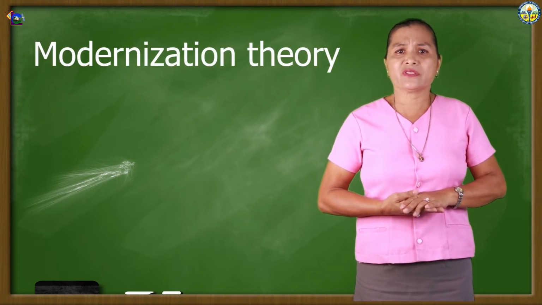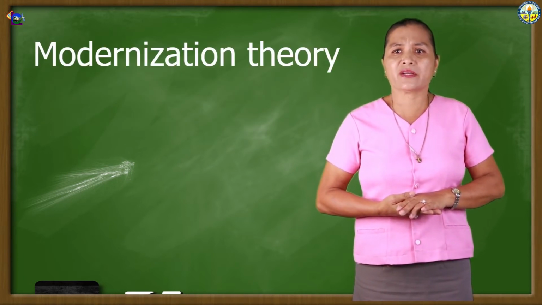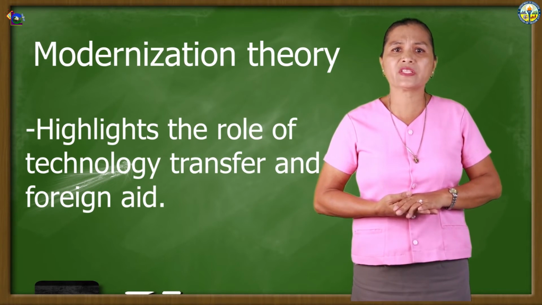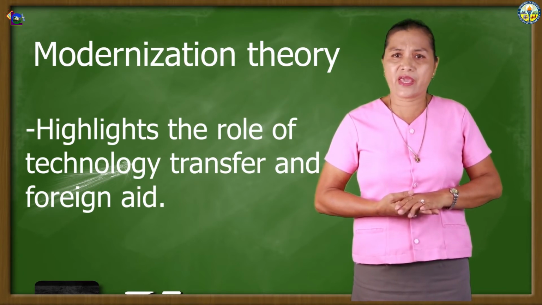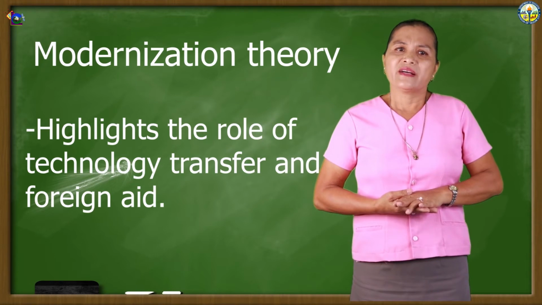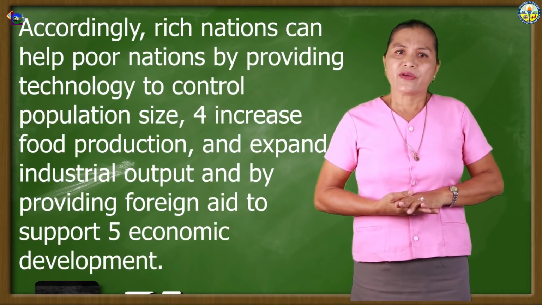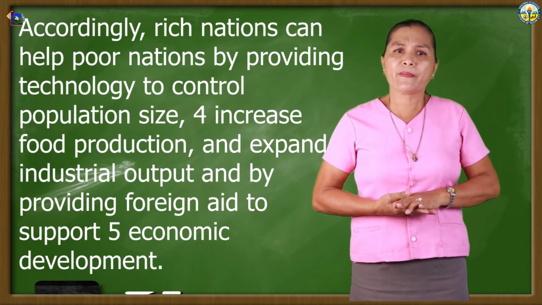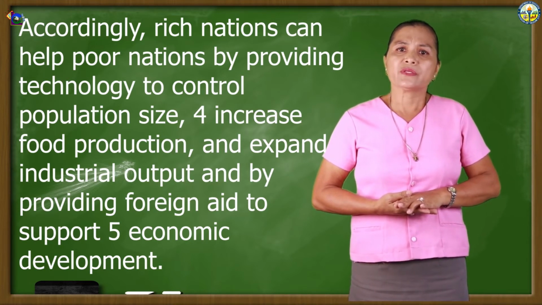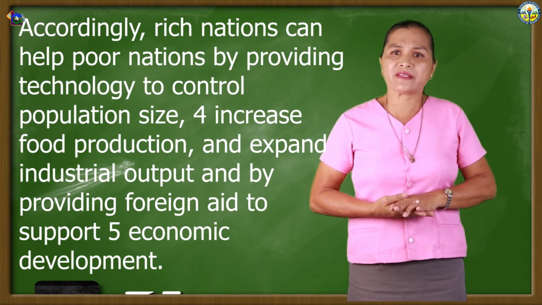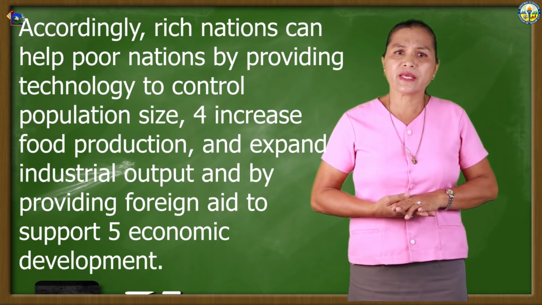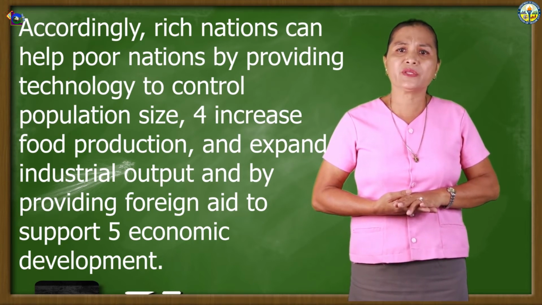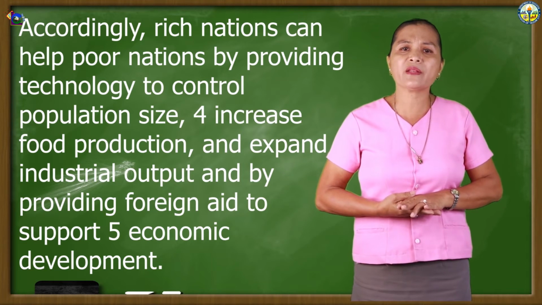His modernization theory highlights the role of technology transfer and foreign aid. Accordingly, rich nations can help poor nations by providing technology to control population size, increase food production, and expand industrial output, and by providing foreign aid to support economic development.